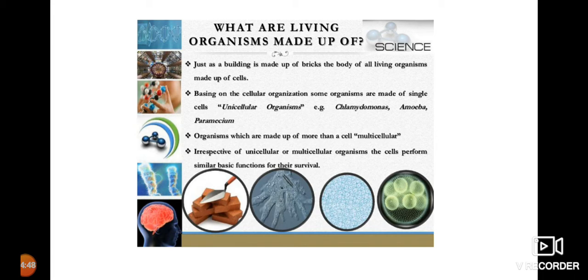Now, as we come across different groups of organisms, we study about unicellular and multicellular organisms. So remember, those organisms who are made up of only one cell are called unicellular organisms. Whereas those organisms who are made up of more than one cell are called multicellular organisms.